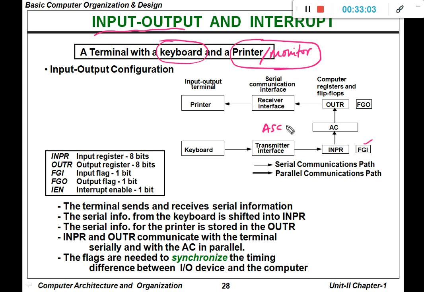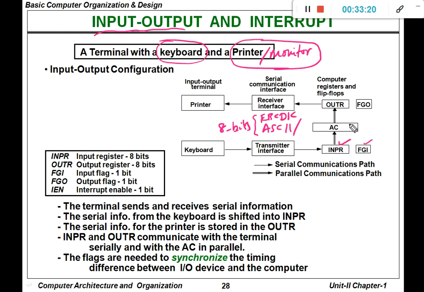Generally we are going to store it in ASCII format or EBCDIC format, because here we are using 8 bits for INPR. This INPR value will be stored in the accumulator register.